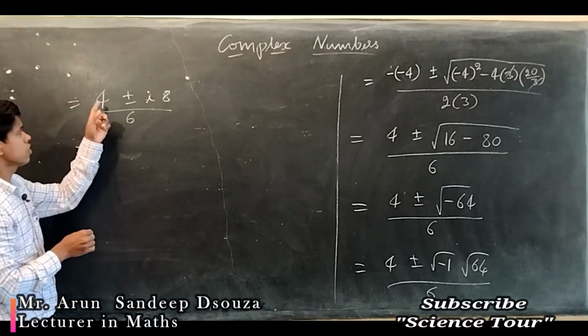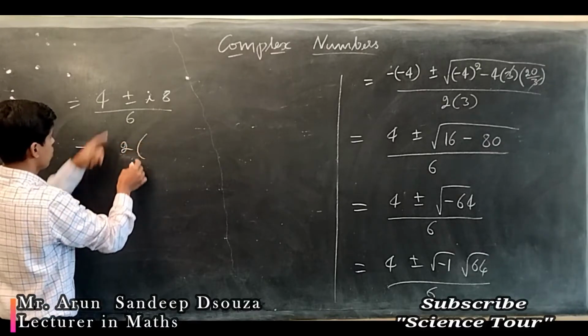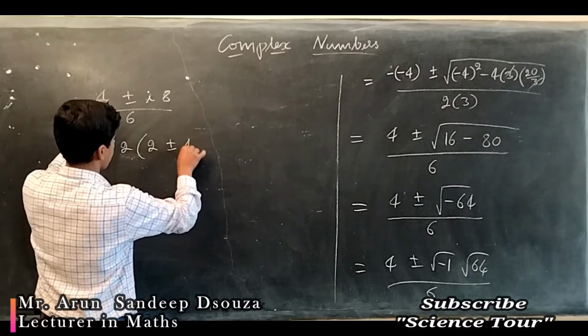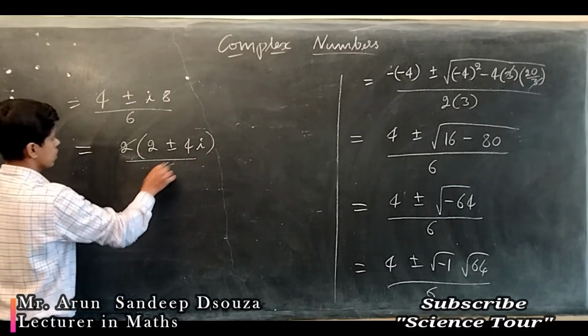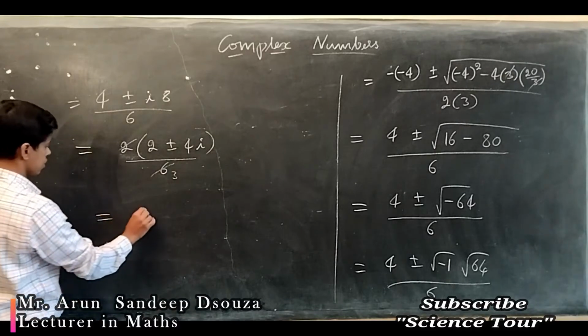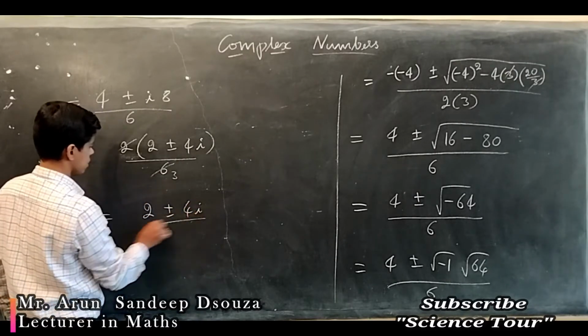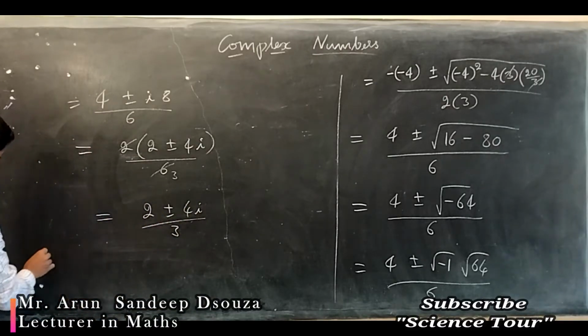Now what you can do is you can take 2 common. If you take 2 common, this will be 2 plus or minus 4i divided by 6. So 2 1s are 2, 2 3s are 6, therefore this is 2 plus or minus 4i divided by 3. So what are the roots finally?